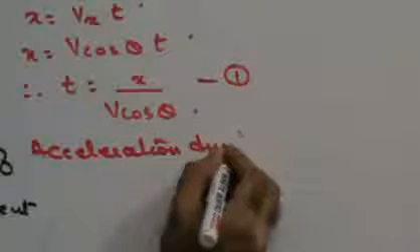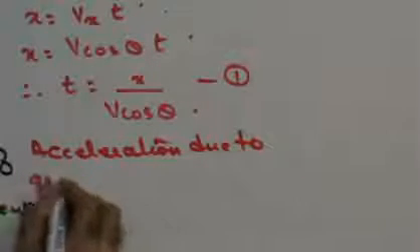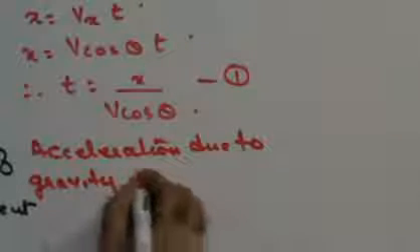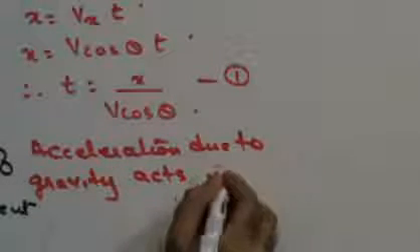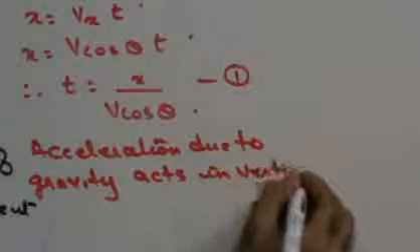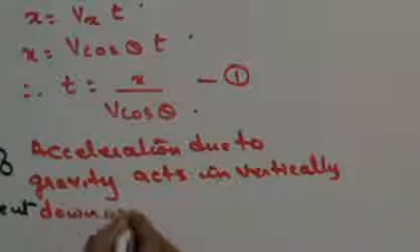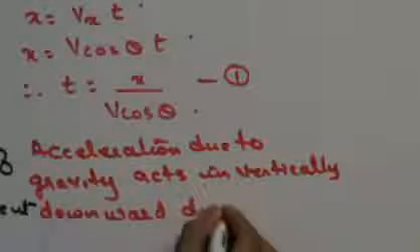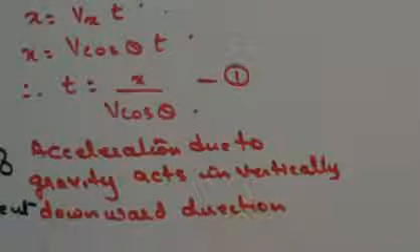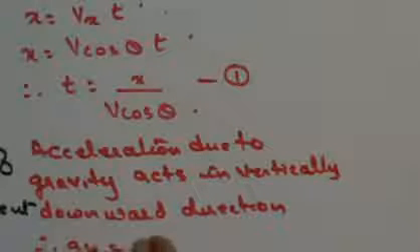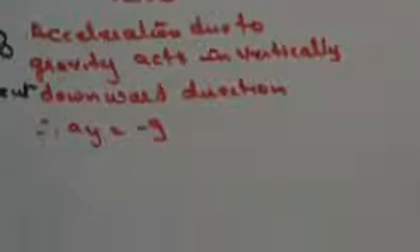Acceleration due to gravity acts in the vertically downward direction, and therefore I can say that ay is going to be minus g, right?